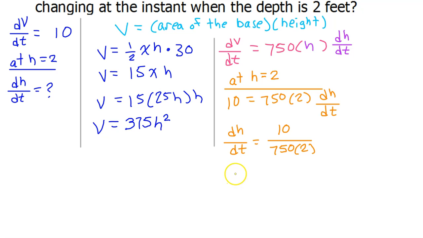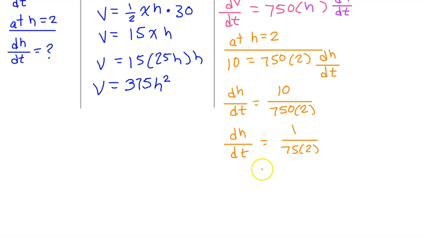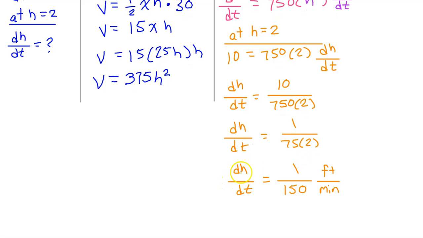So we might as well simplify. It's so easy. dh/dt is equal to 1 over 75 times 2. And 75 times 2 is 150. The units of length were in feet and the units of time were in minutes. So it's 1 over 150 feet per minute.